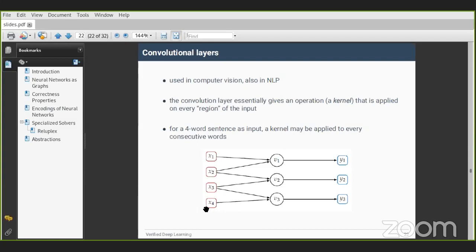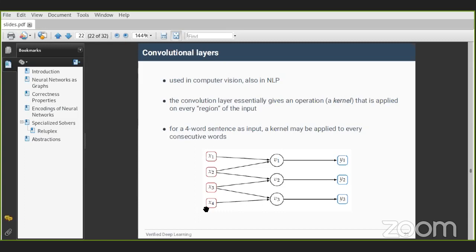Not only for computer vision in general. The idea of this convolutional layer is more general. Basically, you want to apply some kernel to some region of the input, however you define the kernel and however you define the region.